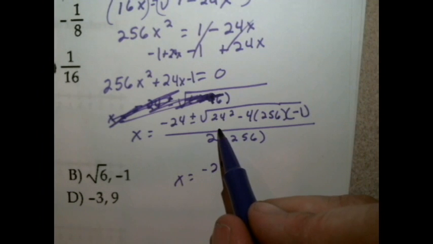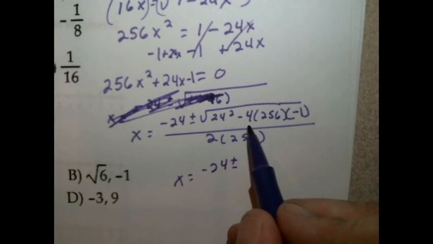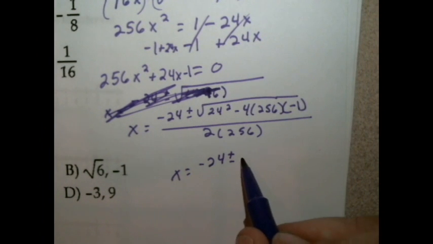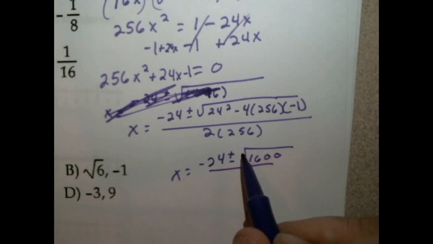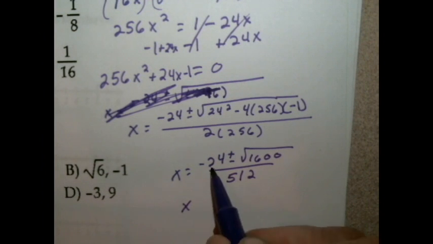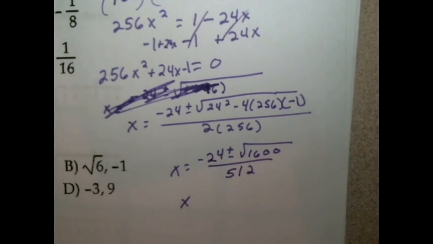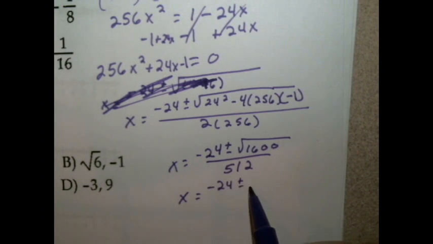It turns out that 24 squared minus a negative, or plus, 4 times 256 ends up being the square root of 1600. I'll divide by 2 times 256, which is 512. So x is going to equal negative 24 plus or minus the square root of 1600, which is 40, over 512.